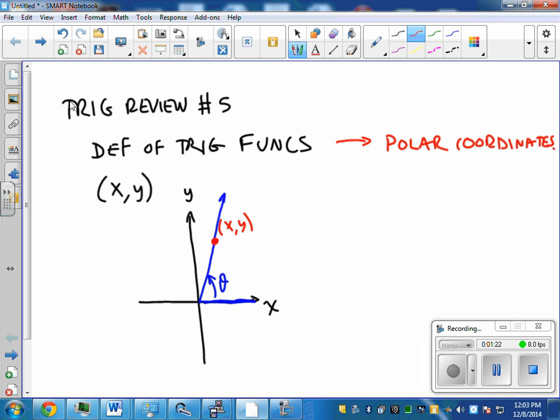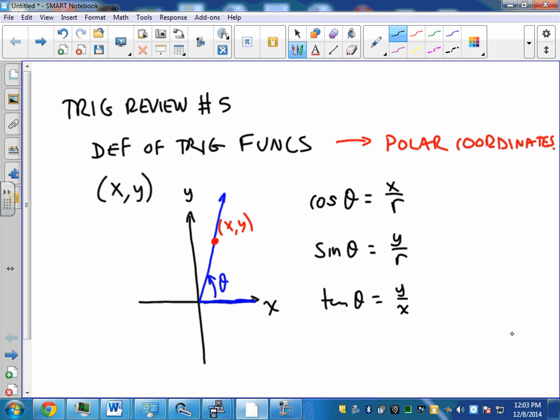Okay, so here are our definitions. The cosine of the angle theta is x divided by r, the sine of the angle theta is y divided by r, and the tangent of angle theta is y divided by x. Note that these are similar to the unit circle definitions.